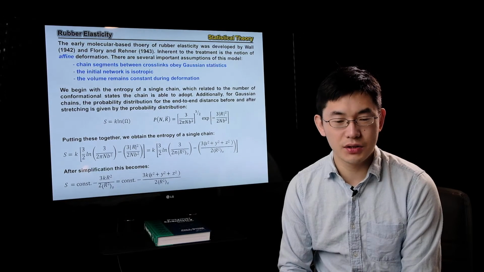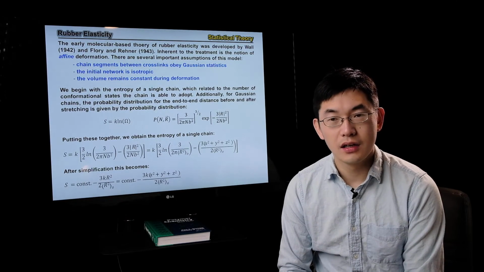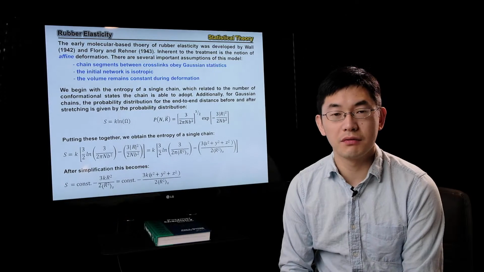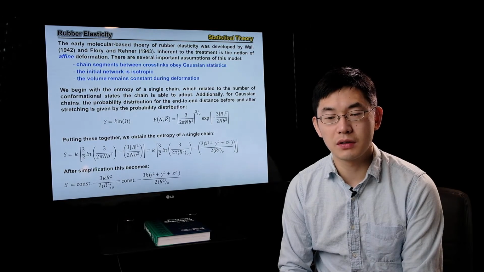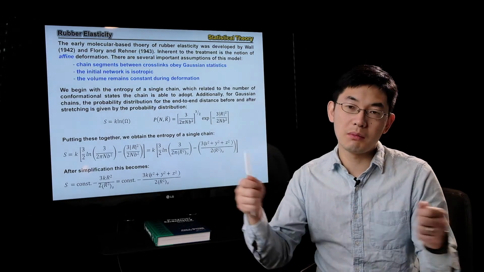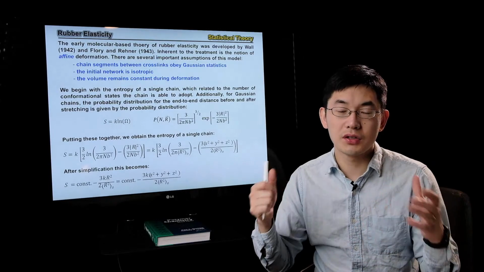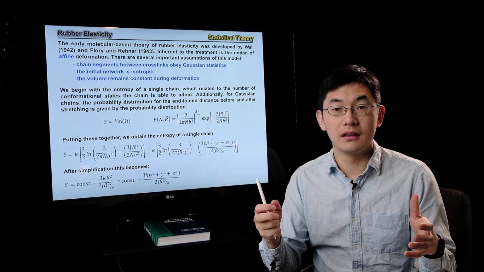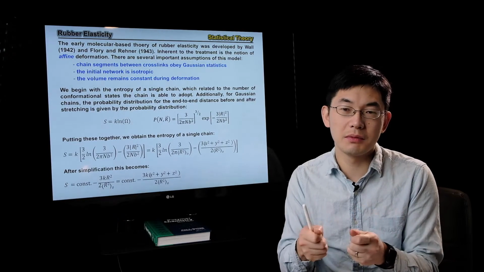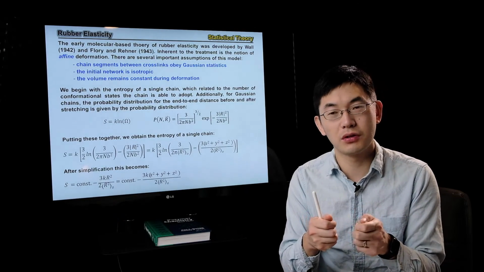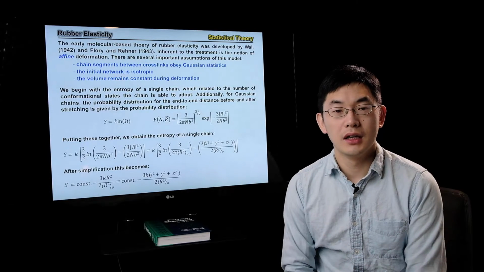Affine means your macroscopic deformation is attached to the local microscopic deformation. What that means is if I stretch a rubber band to twice the length, we assume at the single coil level, the 2 times deformation is felt by this tiny polymer coil, and it will deform accordingly.